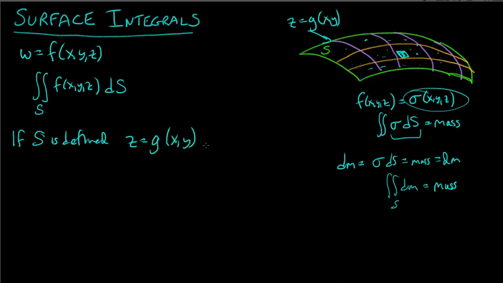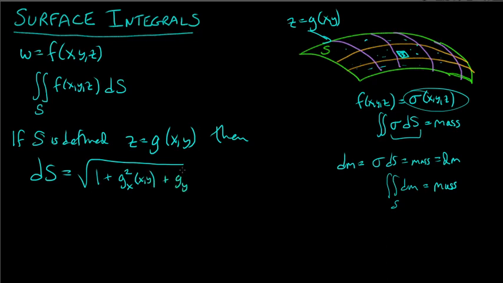So if it's defined as a function of x and y, the usual way, you have the xy plane sitting below it, and then z is the height above it. Then your ds is going to be calculated as the square root of 1 plus the partial of g with respect to x squared, plus the partial of g with respect to y squared.